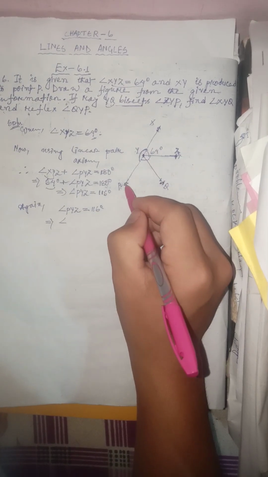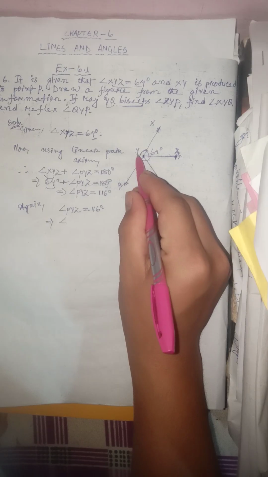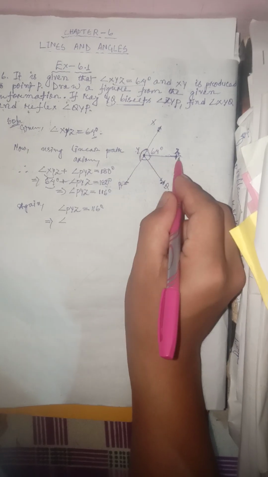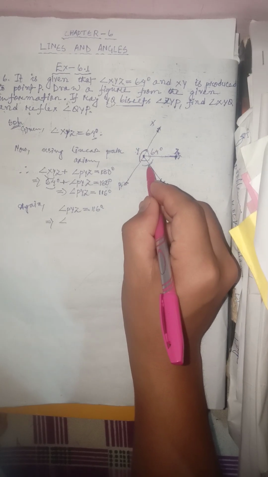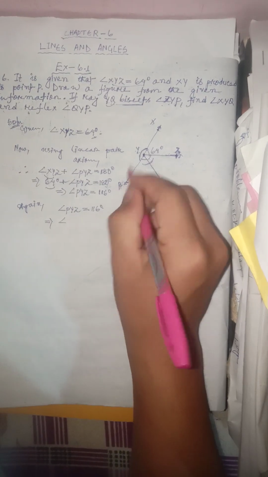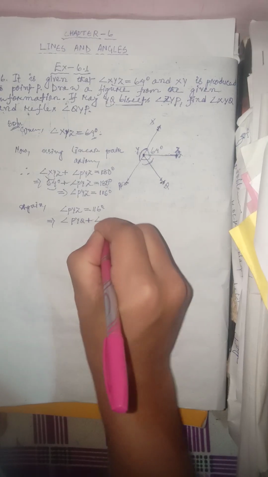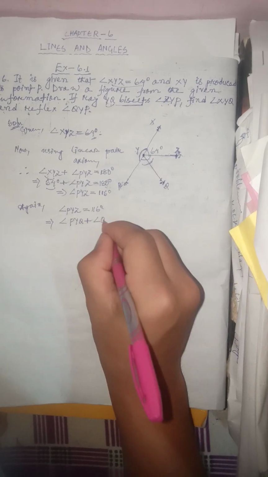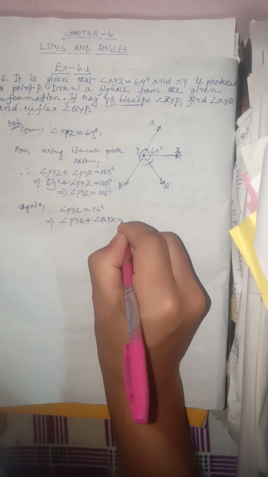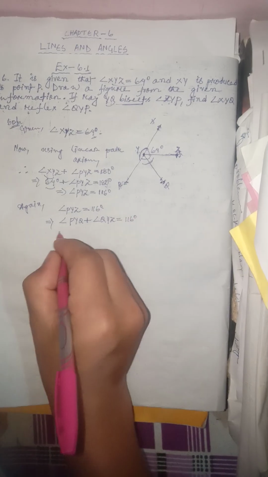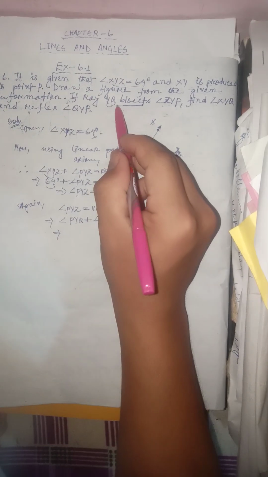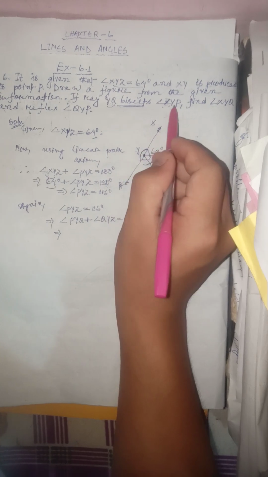Now, whatever angles are inside this, angle ZYP or PYZ, these two angles should be equal, right? PYQ plus angle QYZ is 116 degrees. But as we can see from here, YQ bisects ZYP.